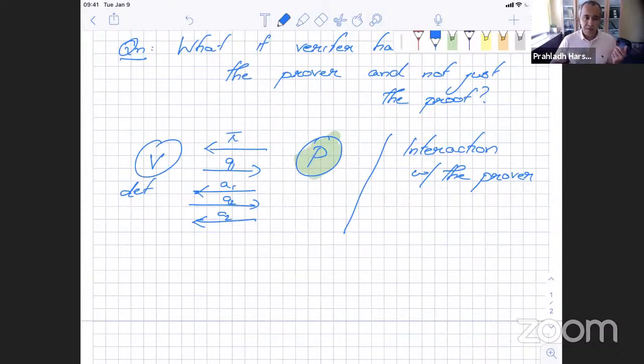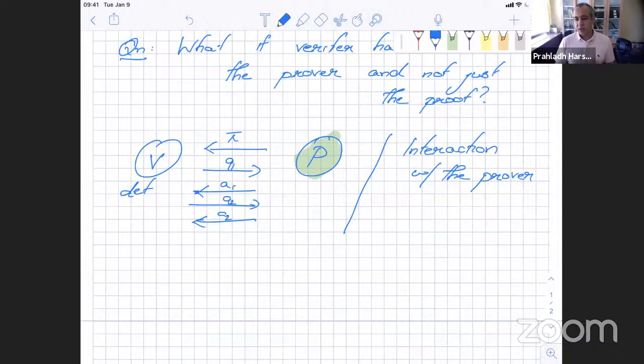Is the model clear, what's happening over here? It's a slightly non-standard model. You don't just have access to the proof, which is a string of text, but you actually have access to the prover. This is an all-powerful other person who you can think of as a Turing machine which can run all sorts of algorithms. There's no limitation on time or space for that Turing machine.